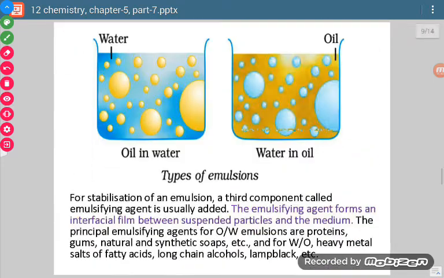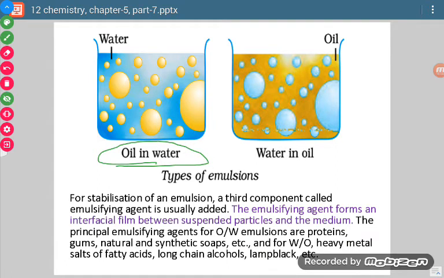So these are examples of emulsion. Here you can see, if we are talking about oil in water, then oil will be less and water will be more.